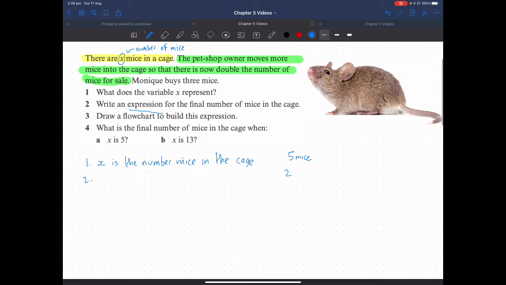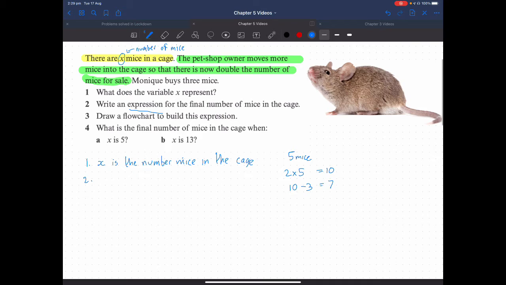Doubling means timesing by 2, so we'd have 2 times 5, which is 10 mice. Then Monique bought 3 mice, so we would have 10 mice in the cage minus 3, which leaves a total of 7 mice in the cage.